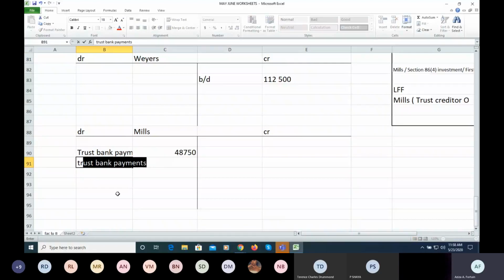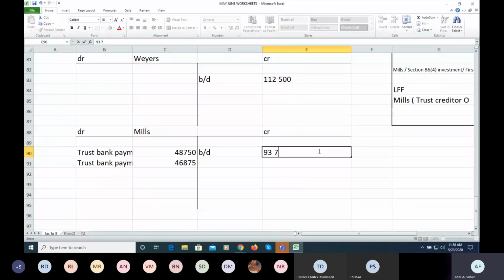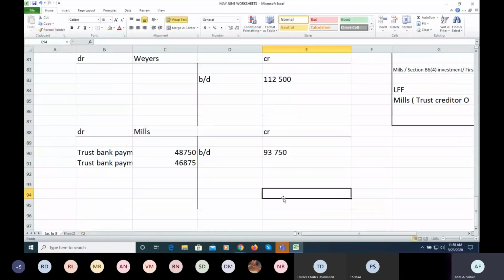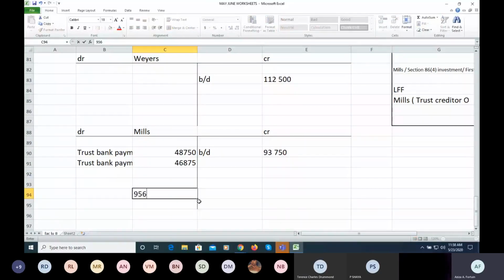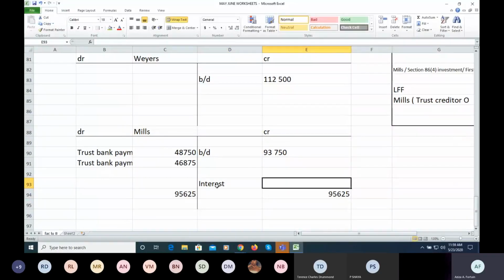So trust bank payments, that, and the balance brought down in the ledger, in the trial balance was 93,750. Okay. So he was paid out 95,625 at the end of the day. So the interest is 1875.